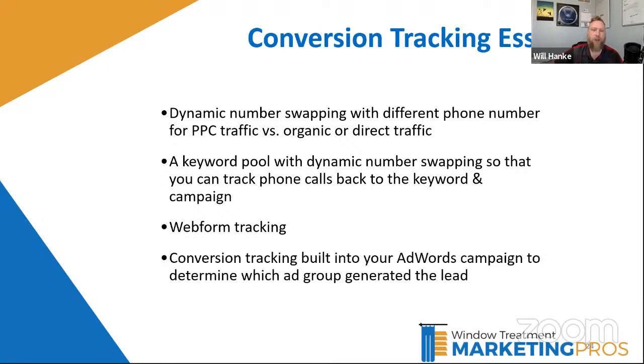And then conversion tracking built into your AdWords campaign or your Google Ads campaign to determine which ad group generated the lead. So we talked about ad groups earlier on, having all of the different services and products by ad group can really help with that as well.